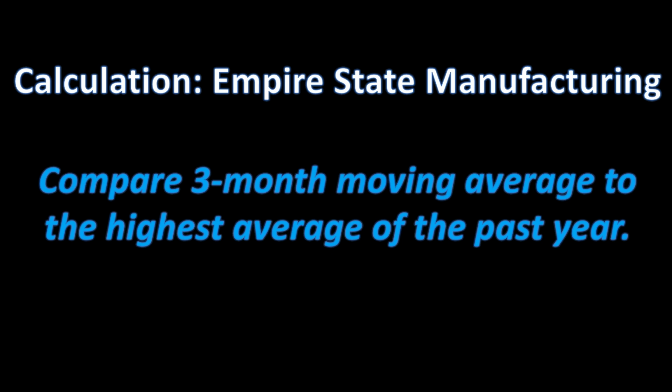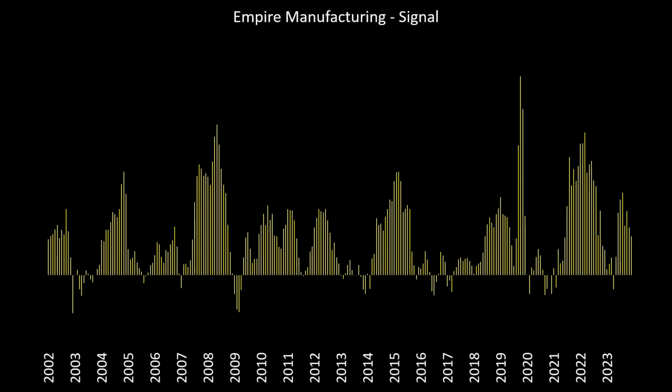So what we're looking for is, during a recession, for manufacturing to really get hit hard, and the 3-month moving average spikes down, moving far away quickly from the highest average over the past year. And when that happens, these lines go up. You see, the higher the yellow line is, that's the Empire Manufacturing with the SAHM rule calculations. Those spikes to the upside show us the spread, the difference between the 3-month moving average and the 12-month high.